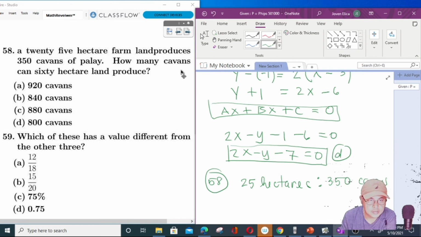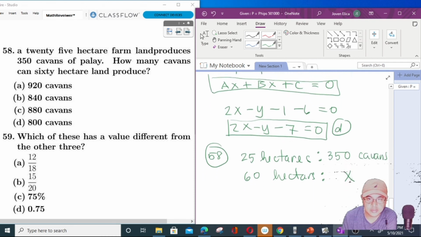How many kabans for 60 hectares? So if we have 60 hectares, how many kabans? That means let X be the kabans of rice if we have 60 hectares, because in 25 hectares it produces 350 kabans of rice. In 60 hectares, how many kabans of rice will be produced?